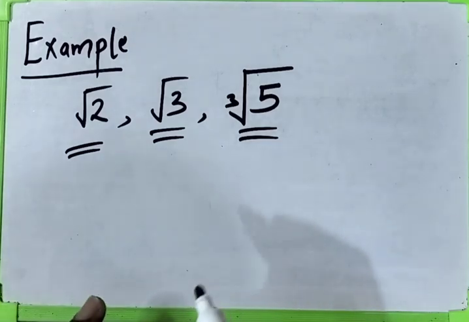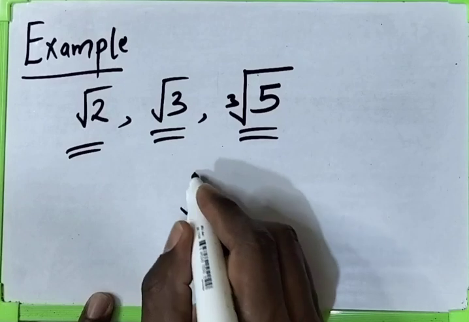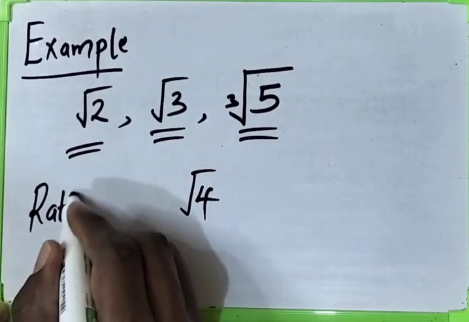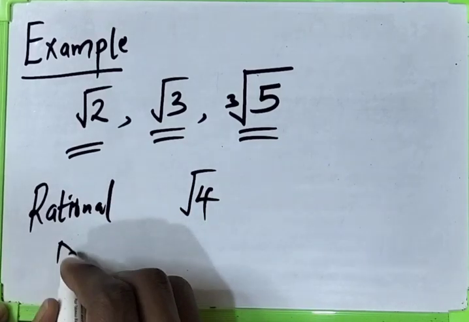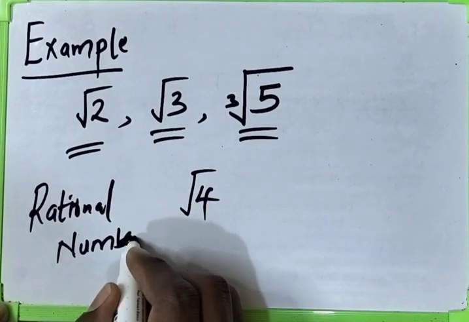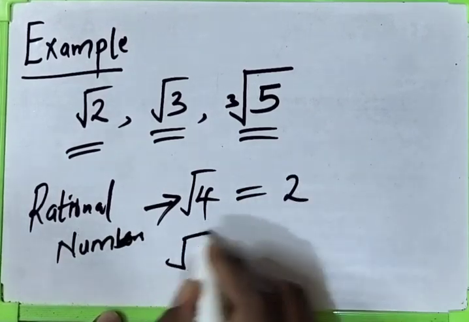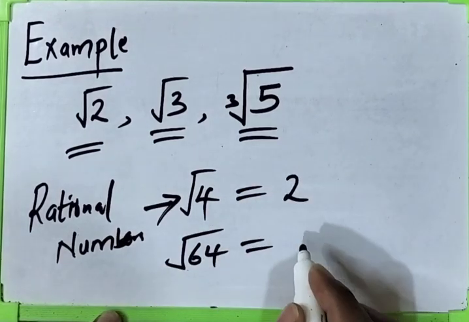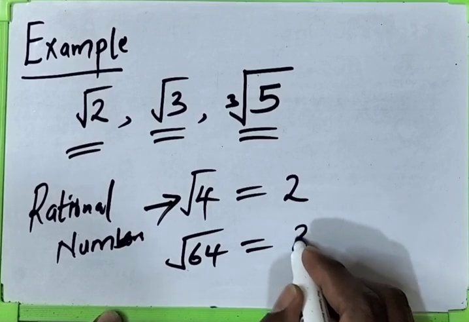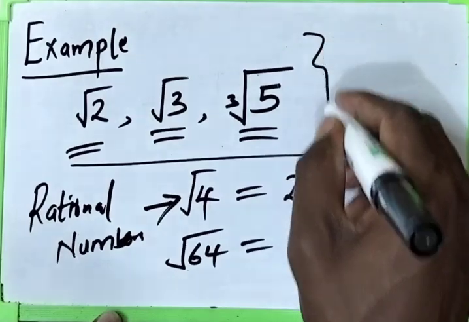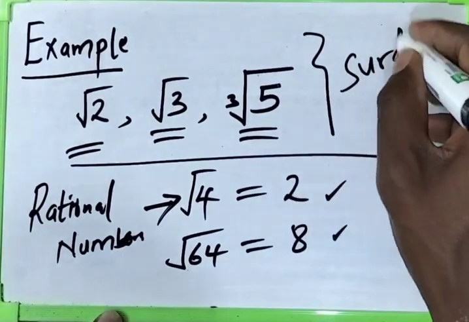But root 4 can create a rational number: root 4 will be simplified to 2, root 64, for example, will be simplified to 8, and so forth. These ones give rational numbers, but the above ones are surds.